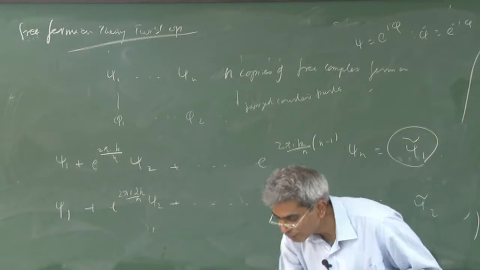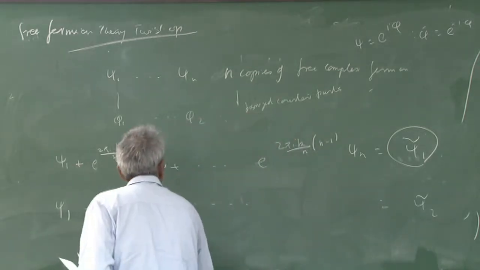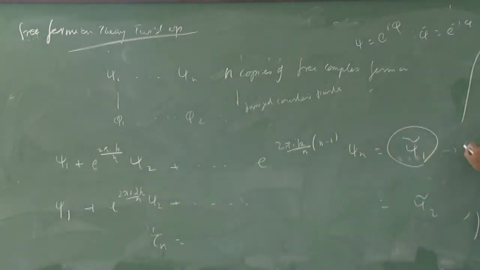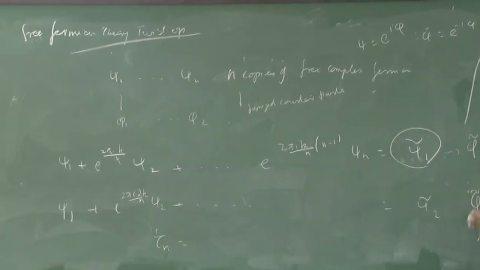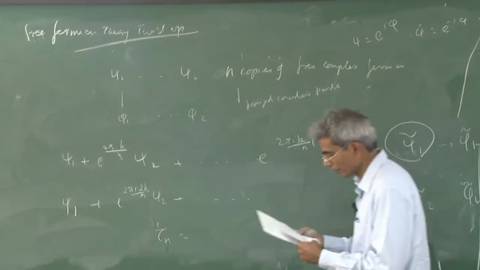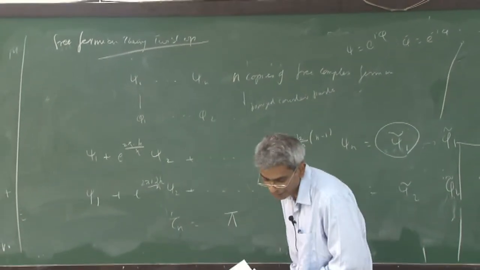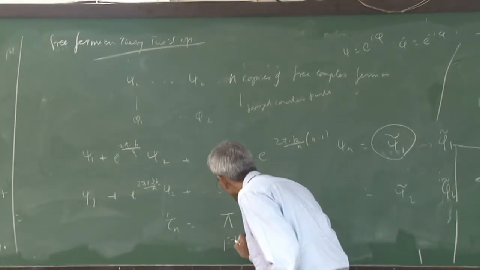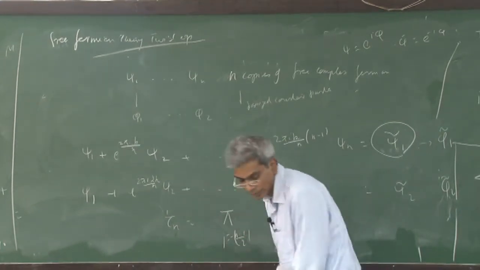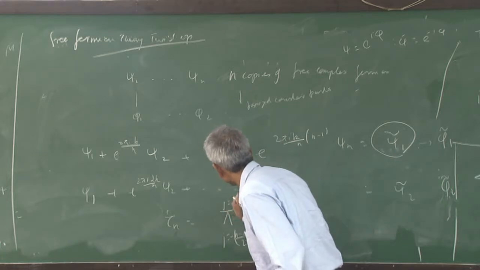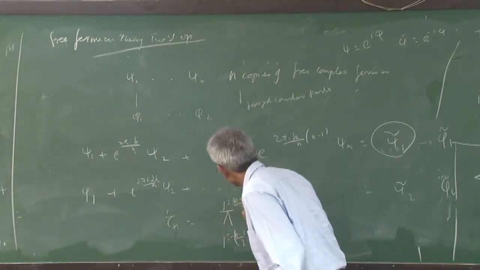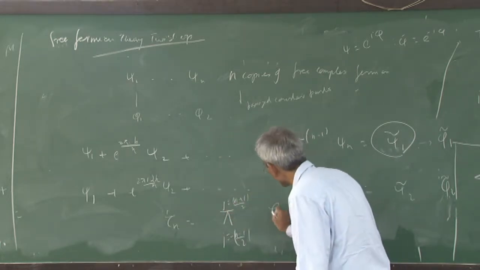And for that, the twist operators are the following. You look at the bosonized counterparts, phi 1 tilde, phi 2 tilde, and so on, and you construct the following. So here's the twist operator, a product from j equals minus (n minus 1)/2 to j equals (n plus 1)/2. This is the right one which implements the twist boundary conditions.